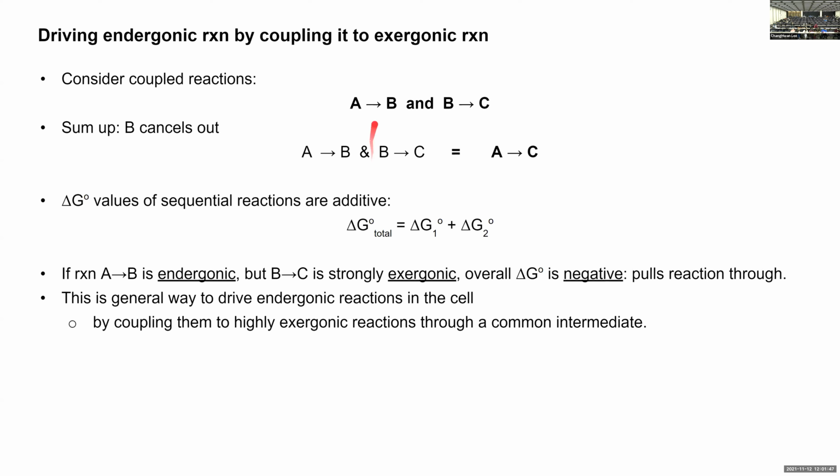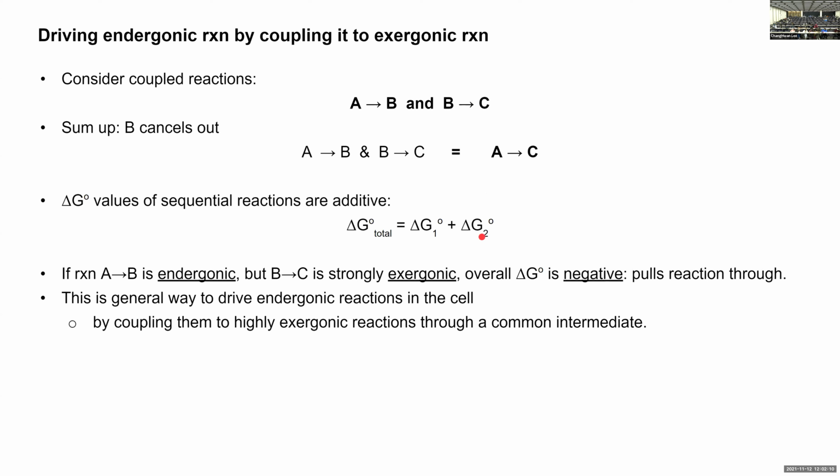And when you consider the different delta G values here, under the standard state, that's going to be delta G naught. So the total delta G naught value would be the delta G naught value for the A to B reaction plus the delta G naught value for the B to C reaction.